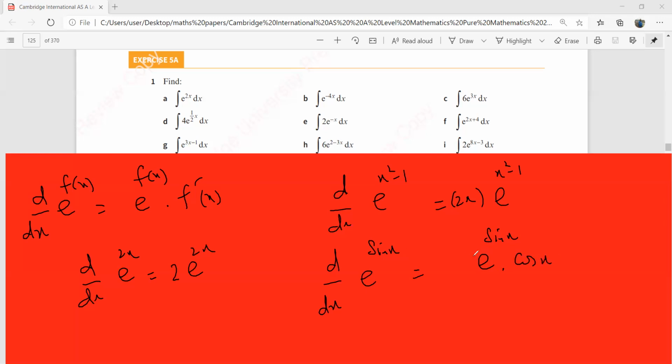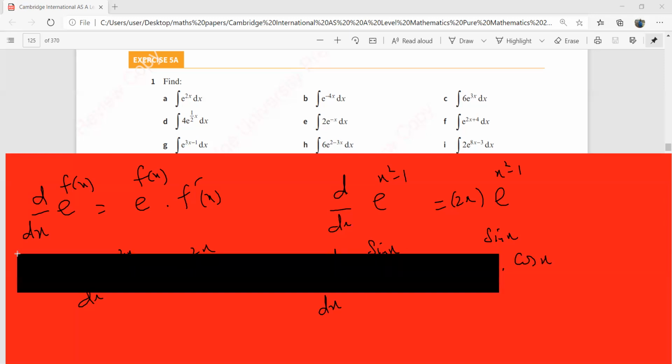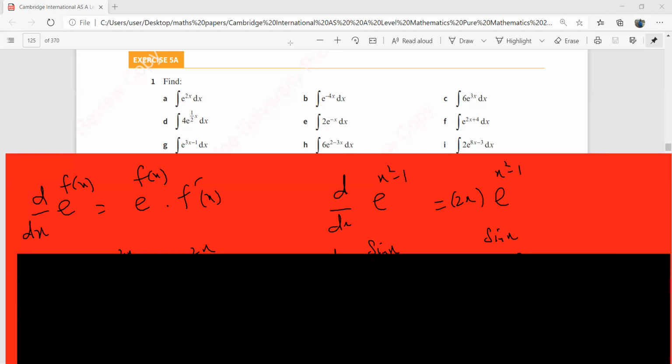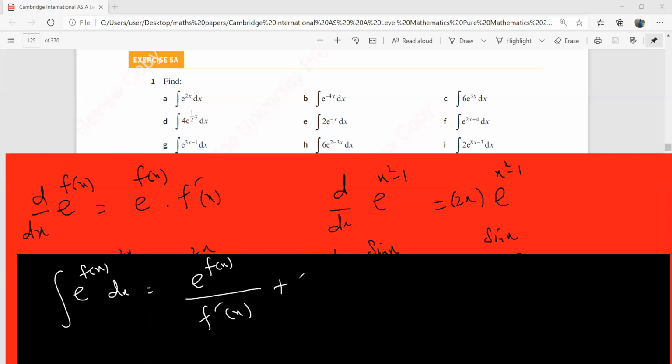Similarly, when you have to integrate e raised to power f of x, this would be e raised to power f of x divided by f dash of x plus c.